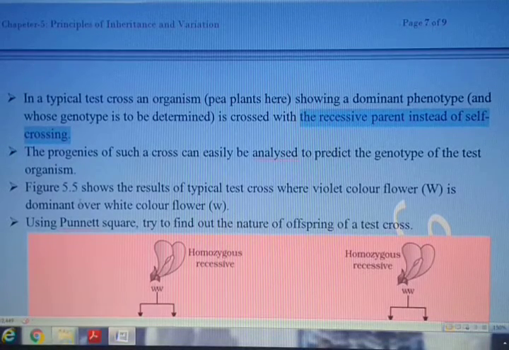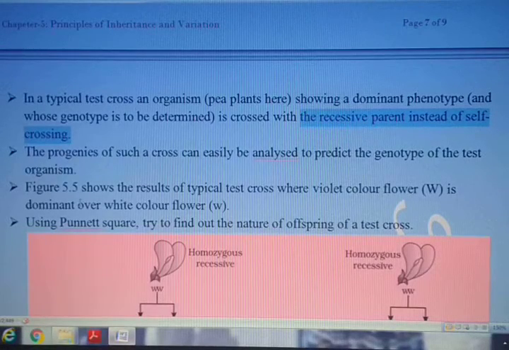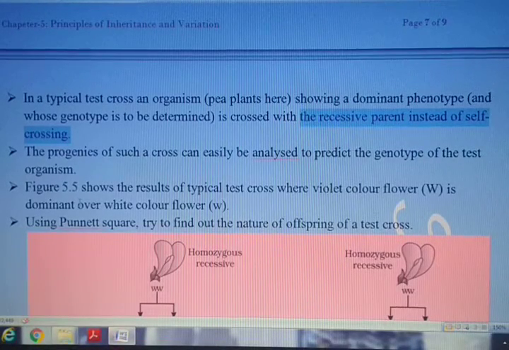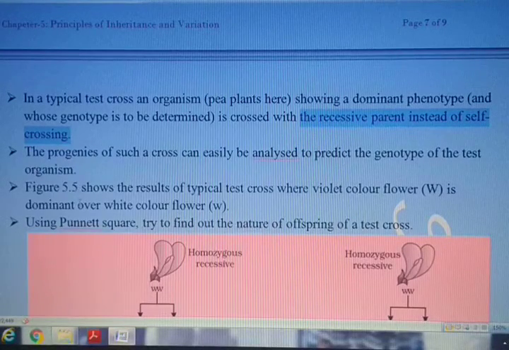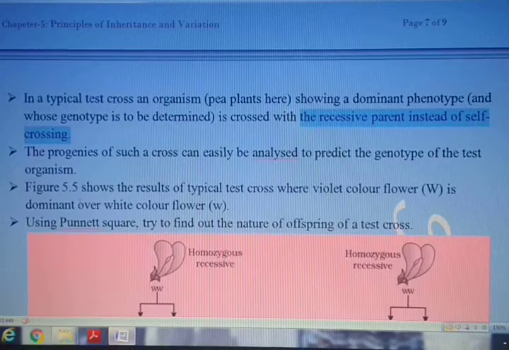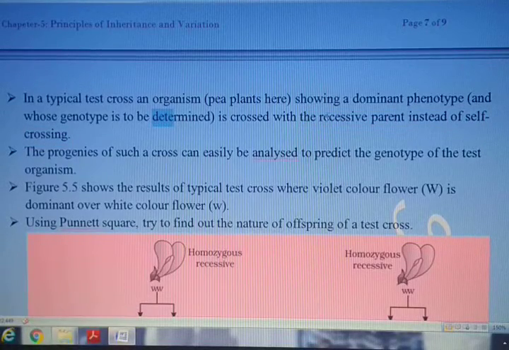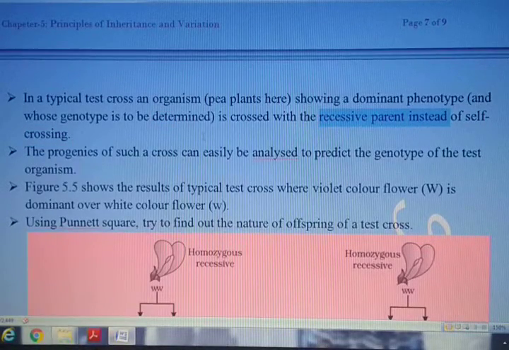The plant being utilized here shows the dominant phenotype, but its genotype is not known. We want to determine that. So that plant is crossed with the recessive plant instead of self-crossing or self-pollinating.